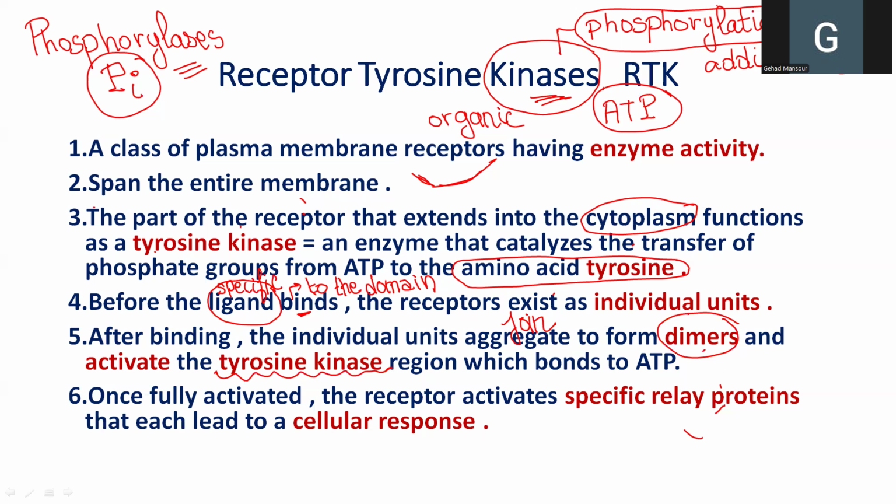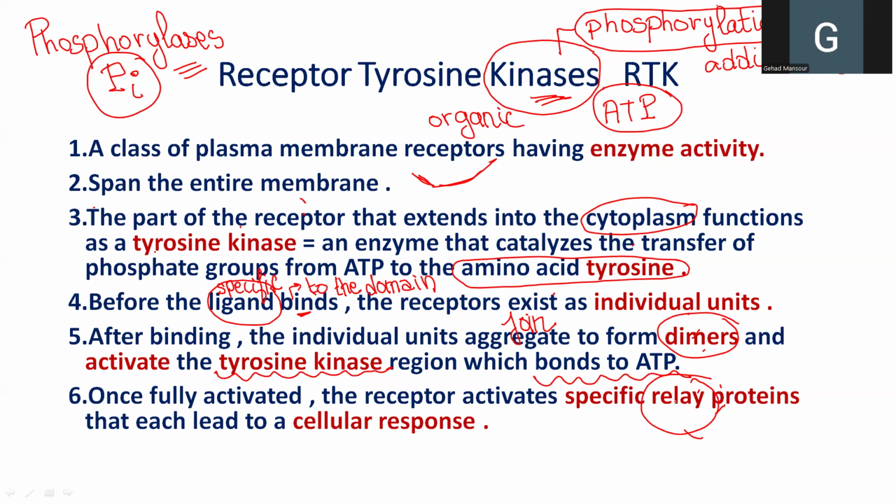And the tyrosine kinase, when activated, will do what? The tyrosine kinase will bind to ATP. After binding to ATP, the sequential steps are activation of specific proteins, one after the other, like a domino effect, and that's why we say that they are relay proteins.